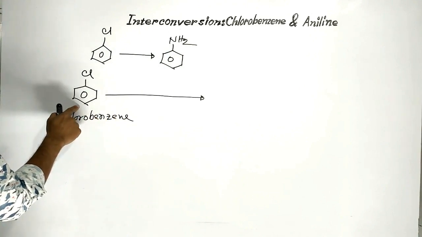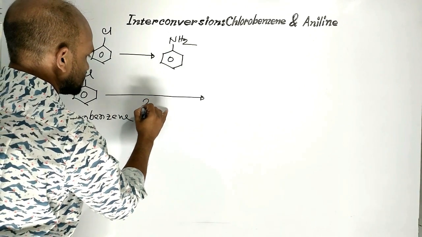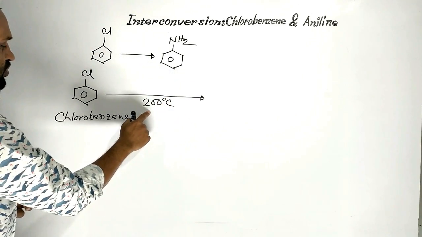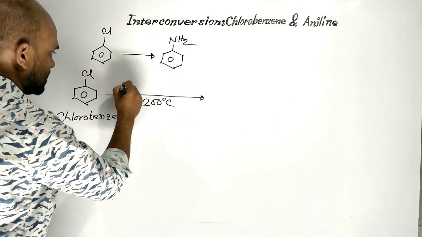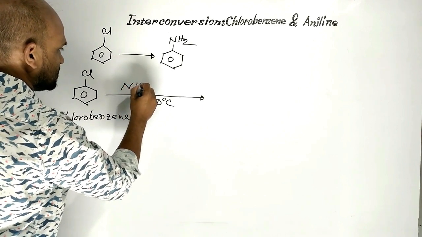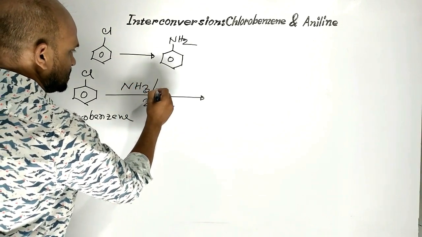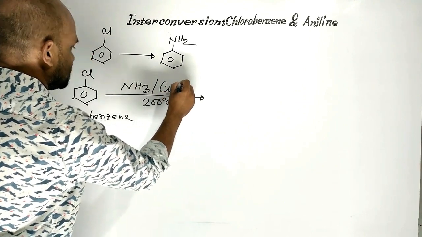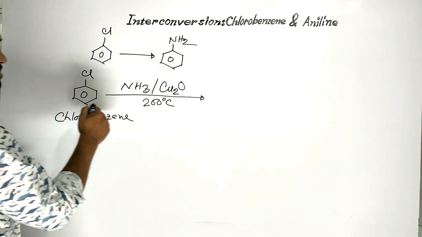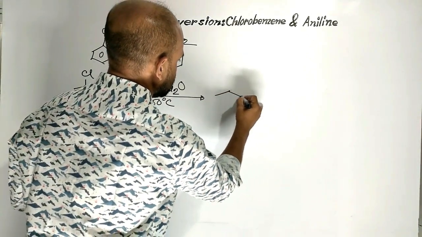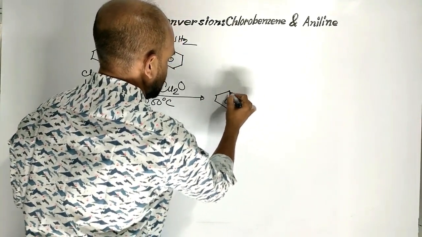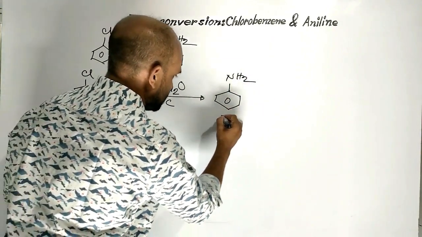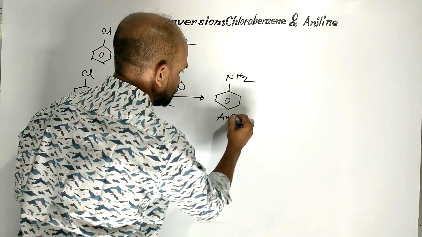When chlorobenzene is heated at 200 degrees Celsius temperature with ammonia in presence of cupric oxide, then chlorobenzene turns into aminobenzene, which is also known as aniline.